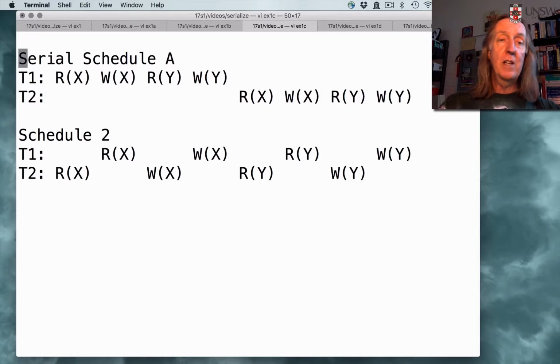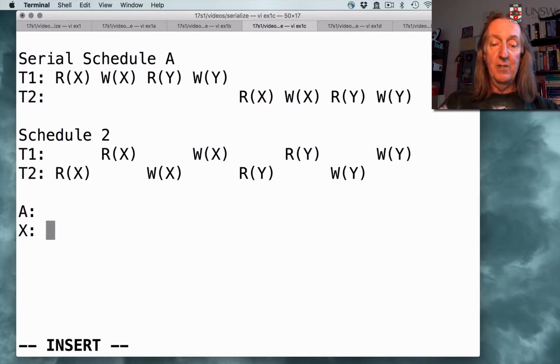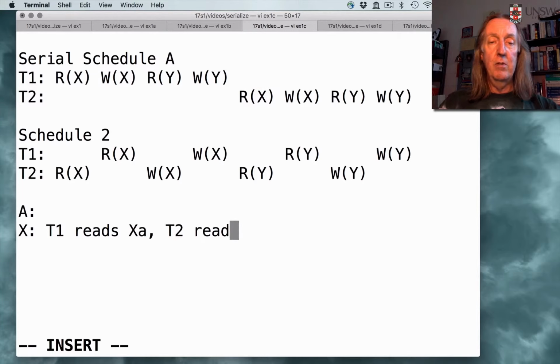If we look at serial schedule A and schedule 2, let's take a look at how the variables are treated in A. The variable X is first read by T1, and the other read of X happens in T2, and it's reading the value that was written by T1.